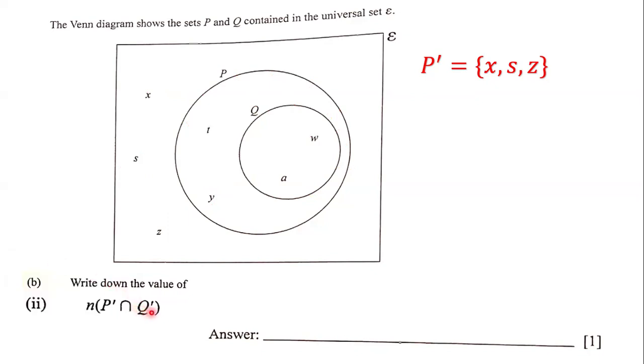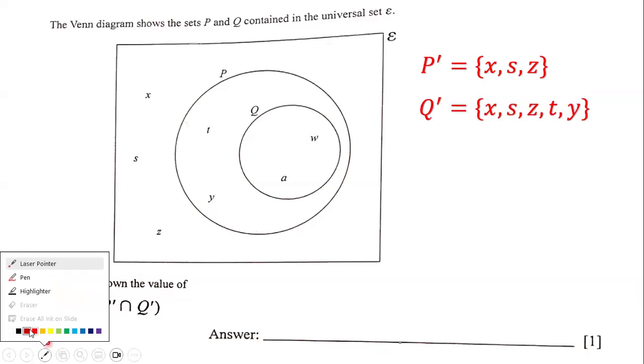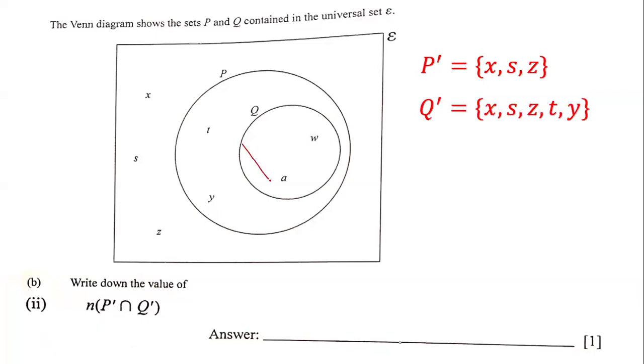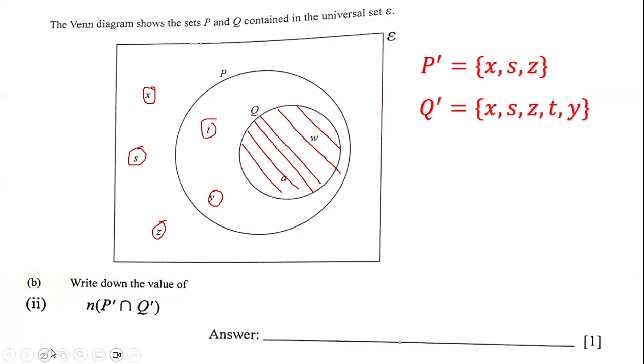Q complement is everything inside the universal set except for Q. So we do not include W and A. We cannot include any of the elements that are inside set Q. So all we have is X, S, Z, T, and Y. These are the elements that are inside Q complement, okay?